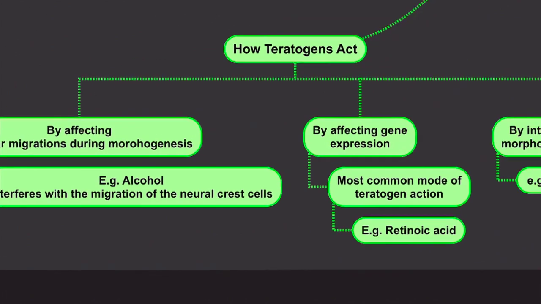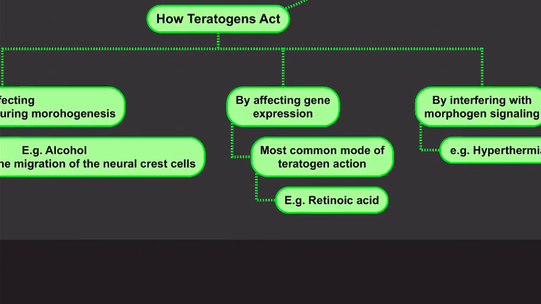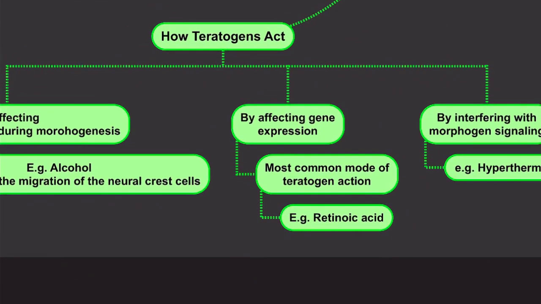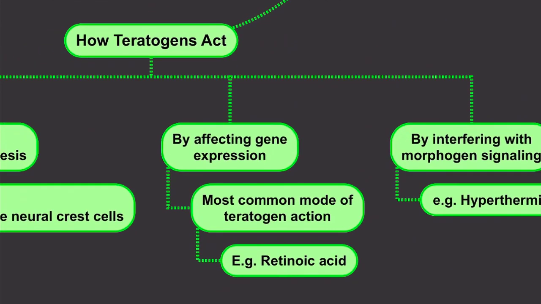Second, by affecting the expression of genes. Expression of genes is affected mostly by the teratogens. So this is the most common mode of teratogenic action, and retinoic acid is one of the very good examples.